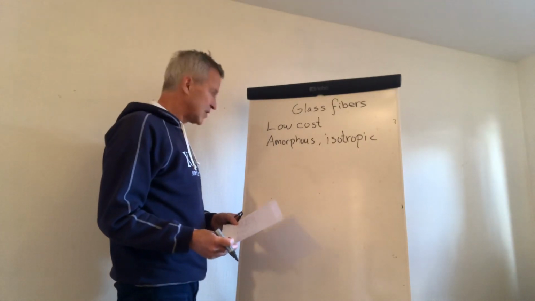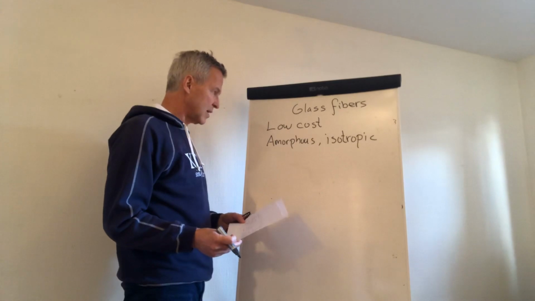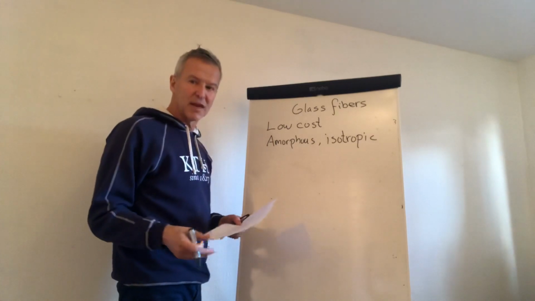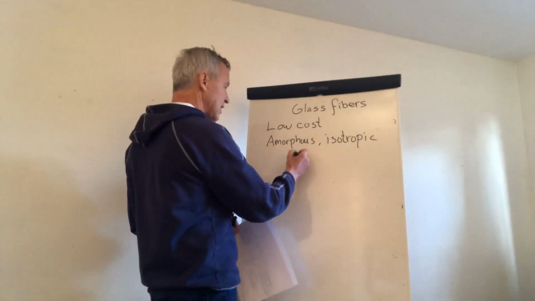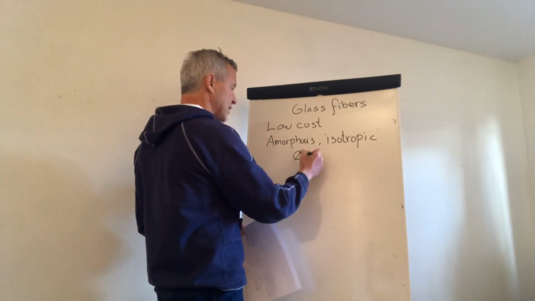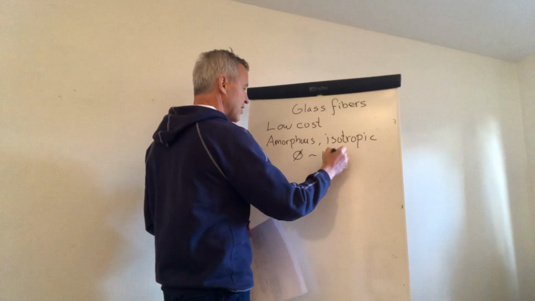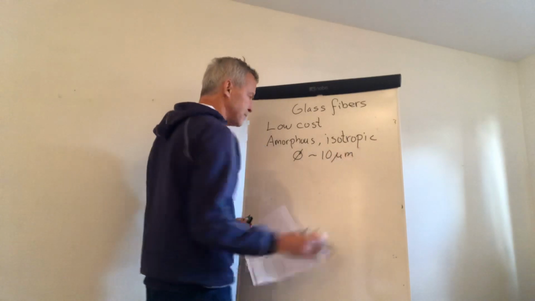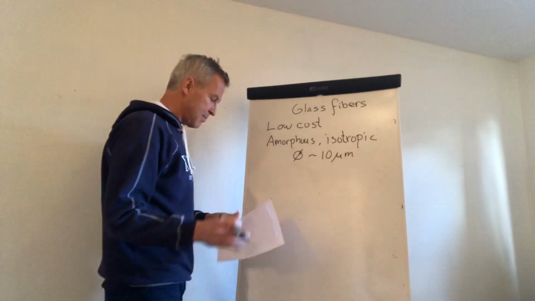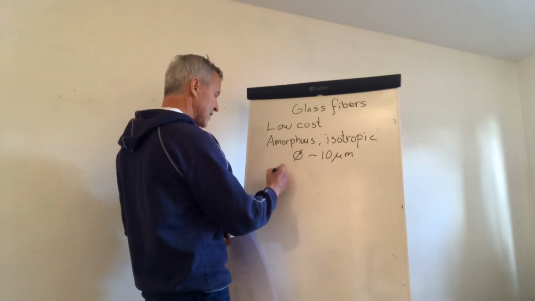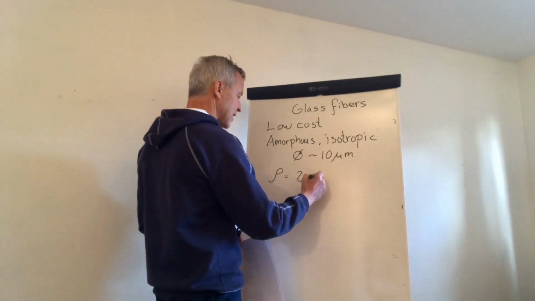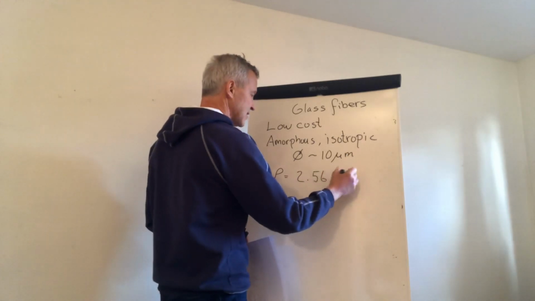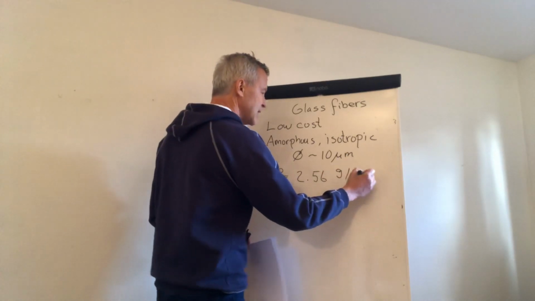Maybe I should actually start out by giving some data, because now you have the basis from the carbon fibers. So typically fiber diameter would be again around 10 micrometer. The density of glass fibers is something like 2.56 grams per cubic centimeter.